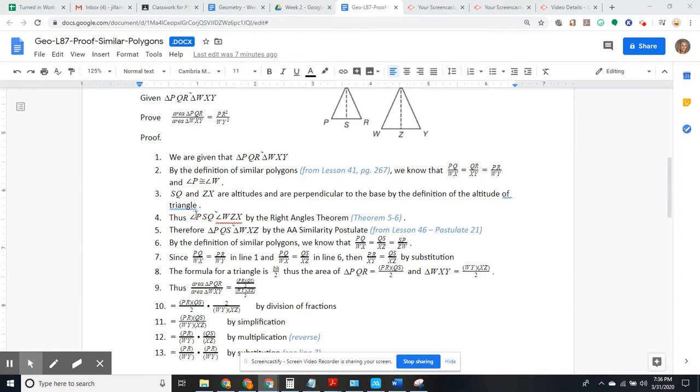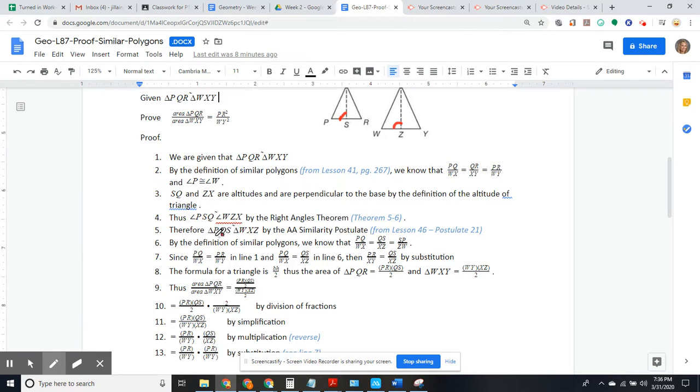Thus, that means that angle PSQ is congruent to angle WZX. So these two angles are congruent. Here, let me sketch in here. This angle and this angle are congruent by the right angles theorem because right angles are congruent.